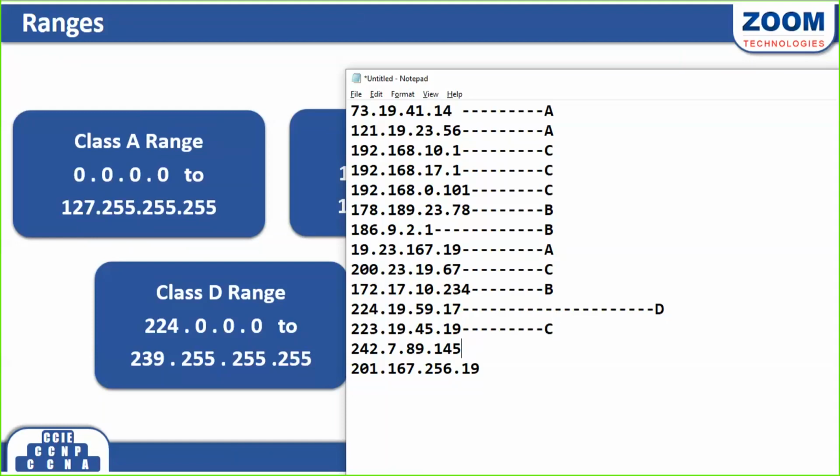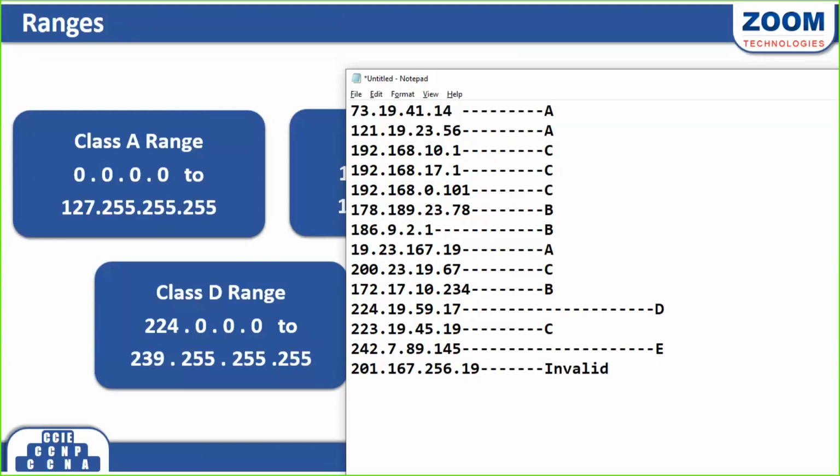Next one, 242 is Class E, for research and development. Even these IPs cannot be used. The last example belongs to which class? Class D. Another one is invalid.